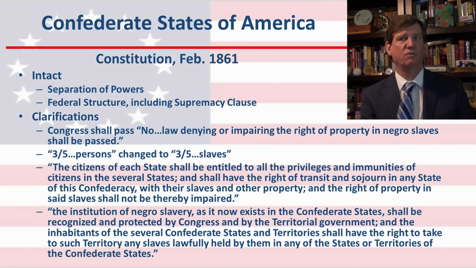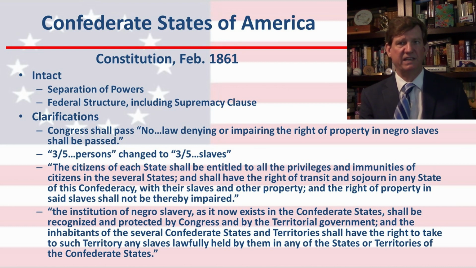The states would have sovereignty over the right of property in Negro slaves. They changed the phrase 3/5 of a person when looking at congressional apportionment to make it clear that it referred to 3/5 of a slave. That each slave would be counted as 3/5 of a person when it came to congressional reapportionment.